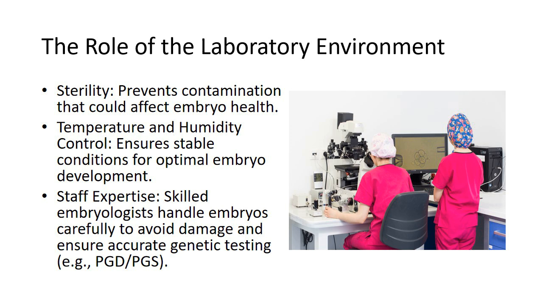Controlled temperature and humidity. The laboratory environment must be kept at a constant temperature and humidity level to ensure that the embryos remain in conditions similar to the natural reproductive tract. Incubators, laminar flow hoods, and air filtration systems are used to maintain a consistent environment and minimize the risk of environmental stress on the embryos.